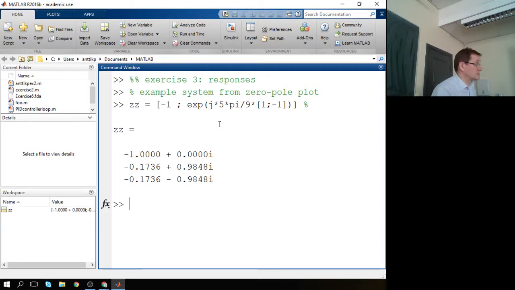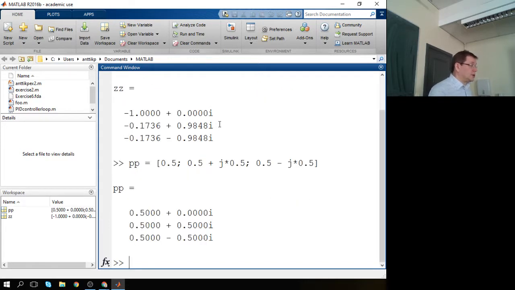Then the poles are 0.5, the one pole on the x-axis or the real axis, and then I have 0.5 plus J times 0.5, and then 0.5 minus J times 0.5. Good.